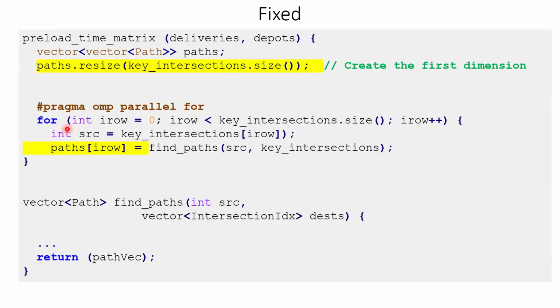So what we can do is we resize paths first to the number of sources, and then we can store with the index so that we're not interfering with each other, because each thread will have its own unique index. So we're just writing to its own place.